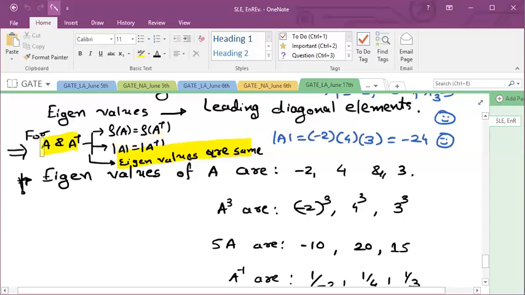So for A and A transpose, their determinants are the same, their ranks are the same, and their eigenvalues are the same. Is it clear? Okay.